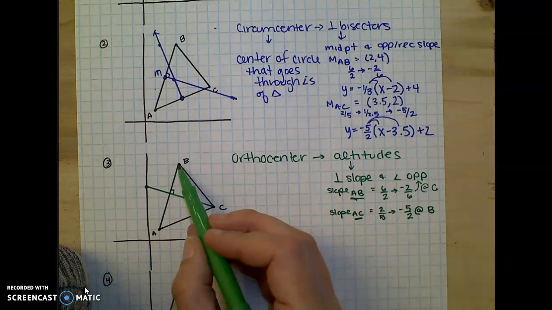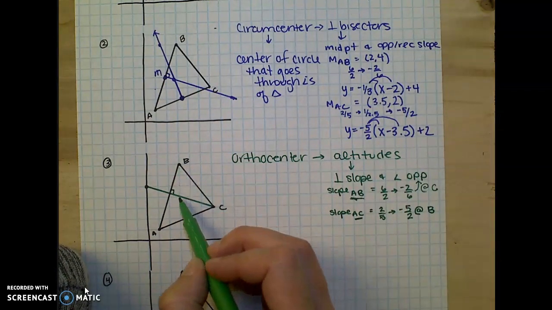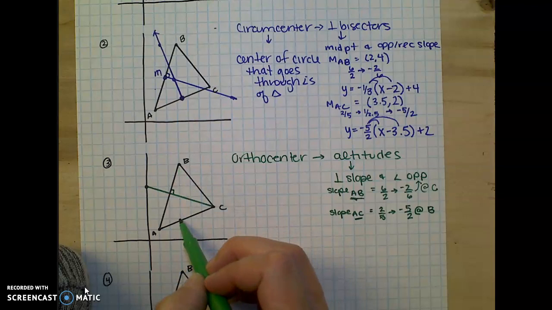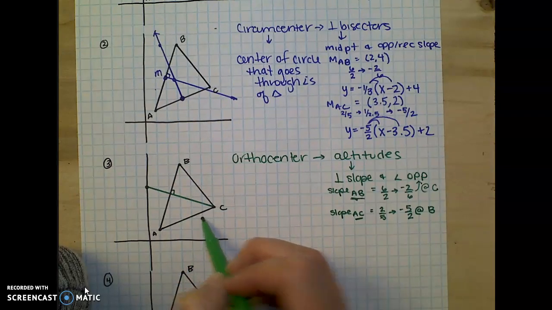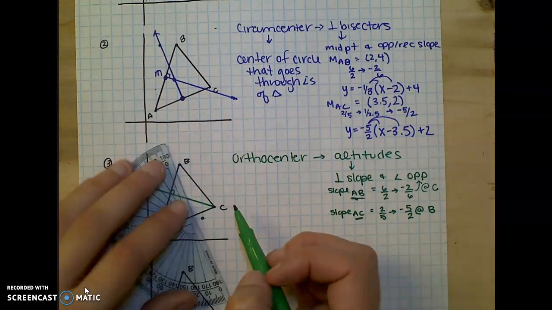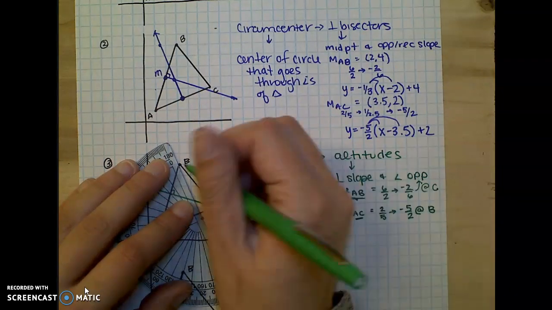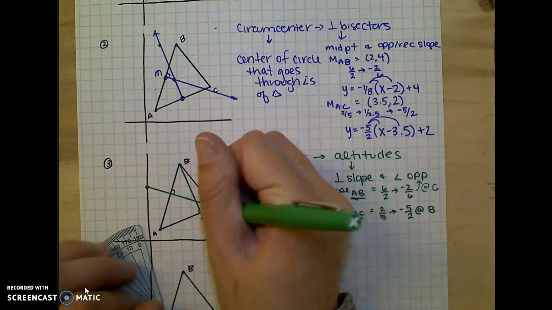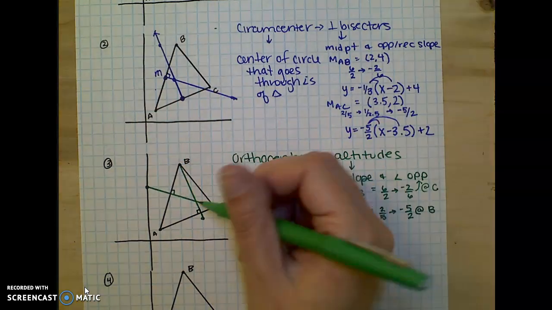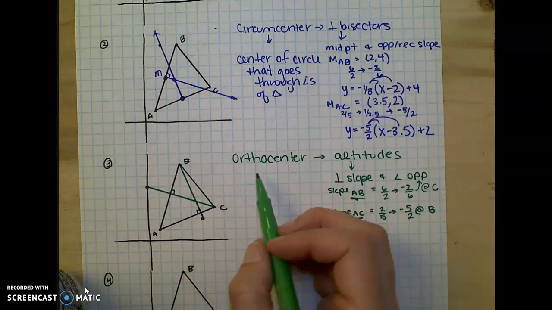So I go to B, and I go down 1, 2, 3, 4, 5, and then positively 2, and you connect B to that new point. Which again, that should look 90 right there. And then wherever they cross right here is your orthocenter.